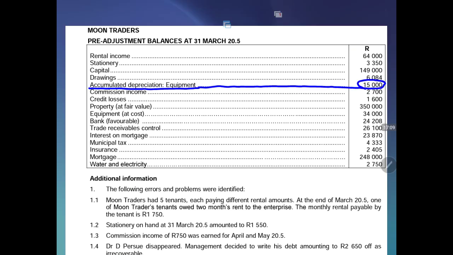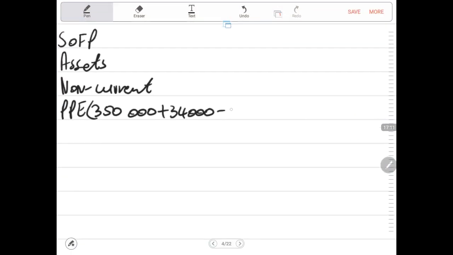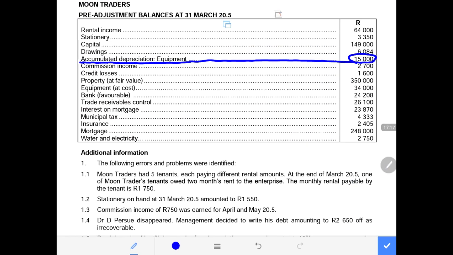It is 15,000 rands. That will be accumulated depreciation on equipment, 15,000 rands. And just to verify, the cost of the equipment is 34,000 rands. Then we have accounted for the property, plant and equipment items.